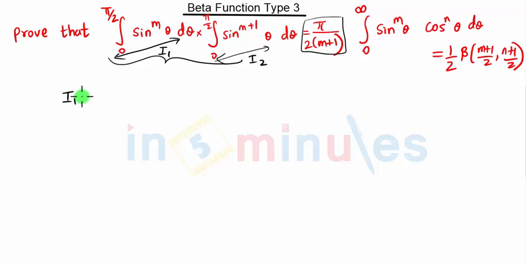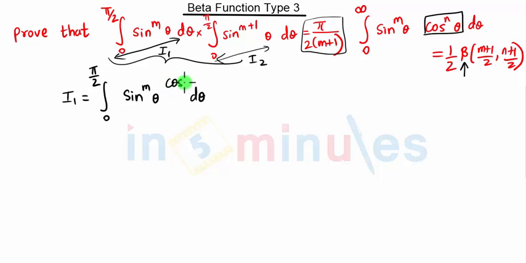So we have I1 equal to integration of 0 to pi by 2 sine theta the whole raised to m into d theta. So in this we only have sine term, but we do not have any cos term. But in formula of beta we also require cos term, so we will assume that cos theta is nothing but cos theta the whole raised to 0. So instead of this term we can write sine theta the whole raised to m into cos theta the whole raised to 0.